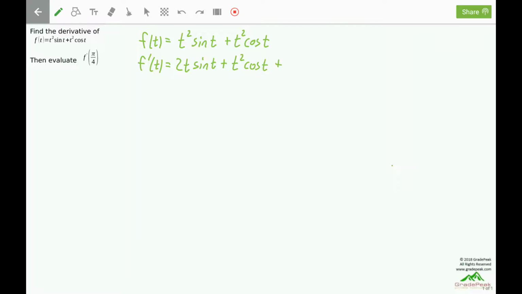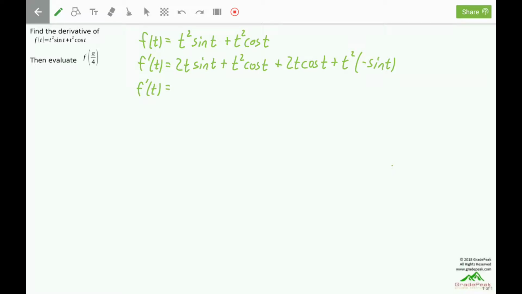Now we'll take the derivative of the second term, t squared cosine of t, again using the product rule. Derivative of the first part of it, t squared, is, bring the power down, subtract 1, 2t, times the second left alone, plus the first left alone, t squared, times the derivative of the second, derivative of cosine of t, which is negative sine of t.